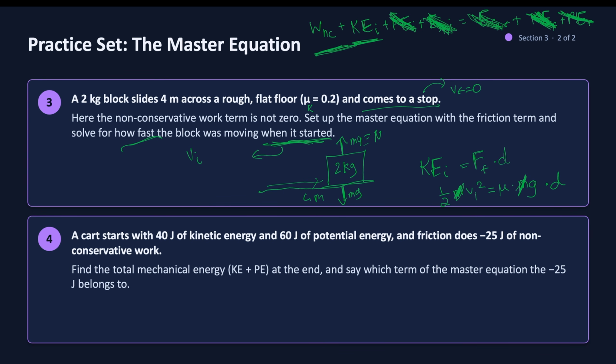And we get v initial squared is equal to mu times 9.8 times distance, which is 4 meters, times 2, because of this 2 here. And then we can just square root that. So v initial is equal to the square root of 0.2 times 2 times 4 times 9.8.